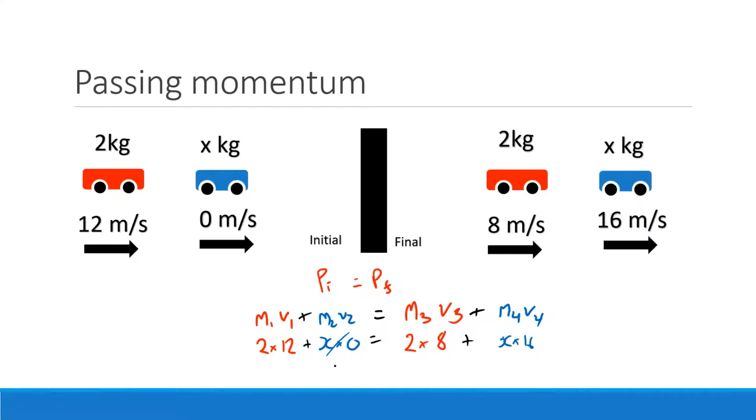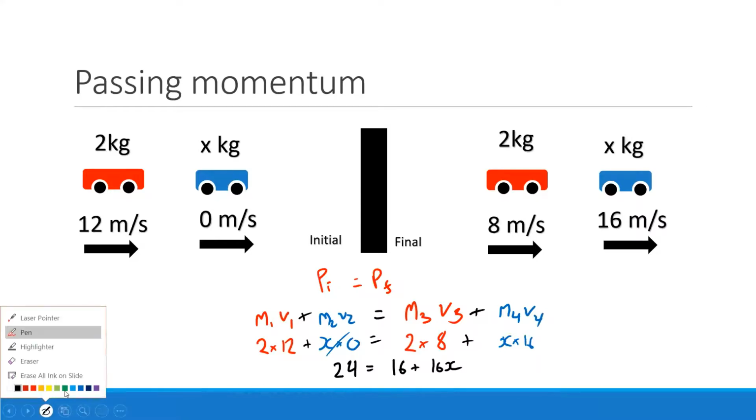So 2 times 12 makes 24, equals 2 times 8 is 16, plus X times 16, which is plus 16X.